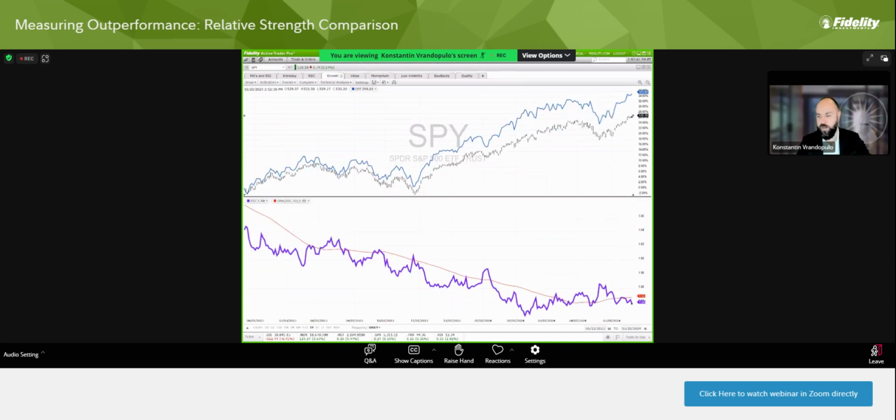Nick, sorry to interrupt. Go ahead. Sure, absolutely. Another little trick that you can do goes back to some other things we've been talking about. This is comparing either a security with its particular sector or the sector with the broader market. Now, Constantine, if you could shift it so that we're comparing this to either SPY or SPX.